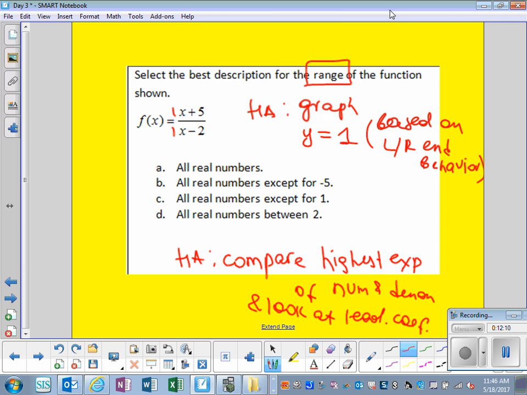In my case, it's 1 divided by 1. That's my horizontal asymptote. Since the horizontal asymptote is y equals 1, what is my range? Everything except 1. Answer is simple. Perfect. Questions?